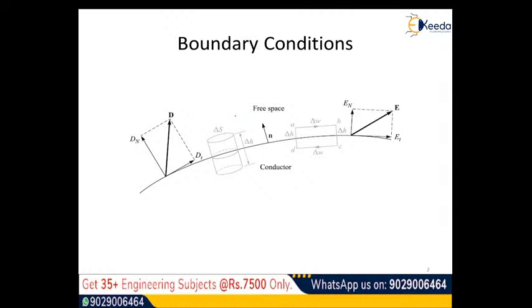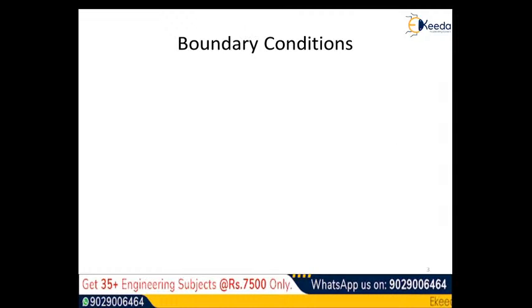Now here I will just talk about the important points. At the boundary surface, you will see that Dt will be equal to Et, and both the components are equal to 0. So it means the tangential component of the electric flux density is equal to the tangential component of the electric field intensity, and both are equal to 0.